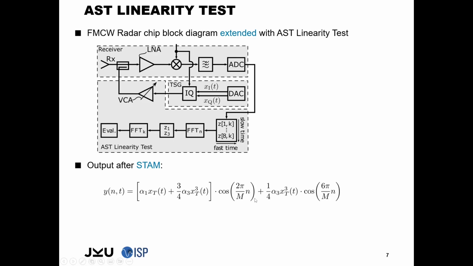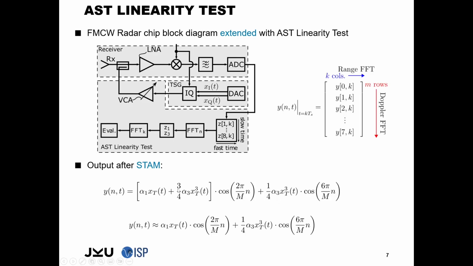You now see that again with this n slow time index, we can separate because we have a cosine with an index of 2 and a cosine with an index of 6. So we again can separate the linear and the non-linear factor already with this index of the cosine.